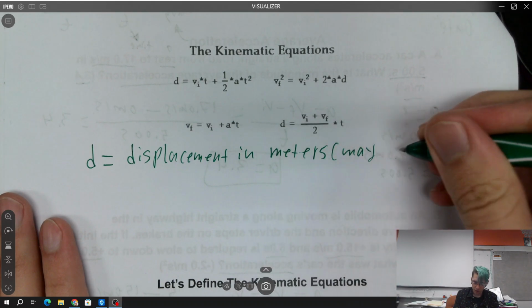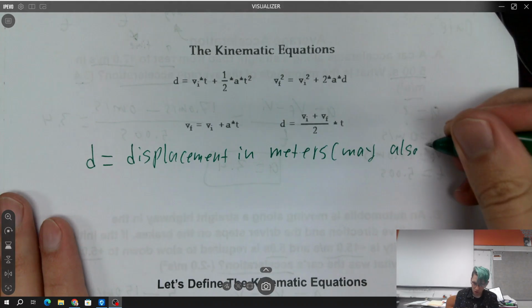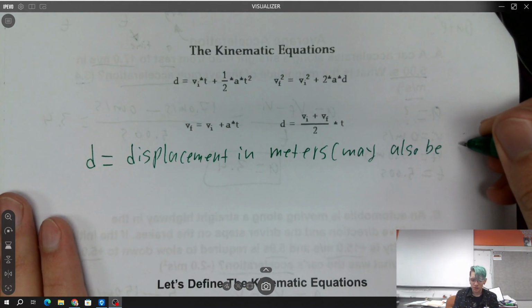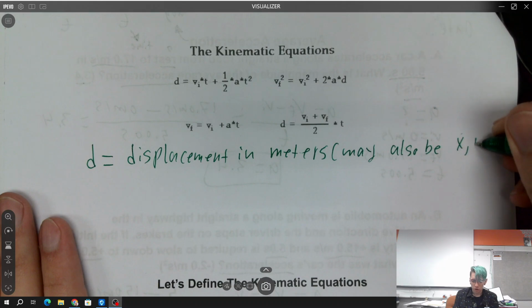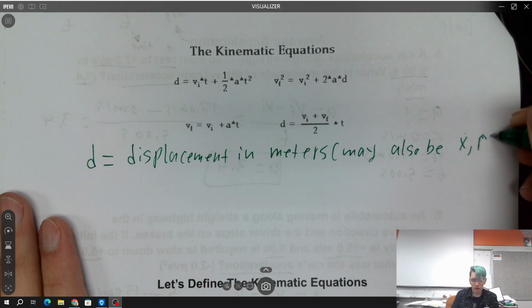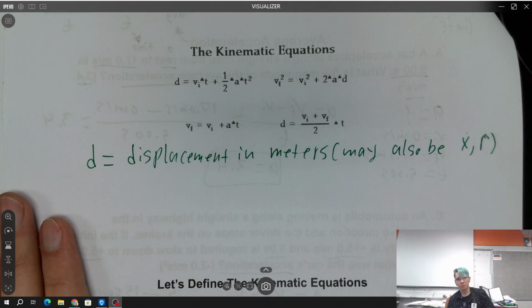Some people will use X, or they'll use R instead of D for displacement. I prefer D because it makes sense.